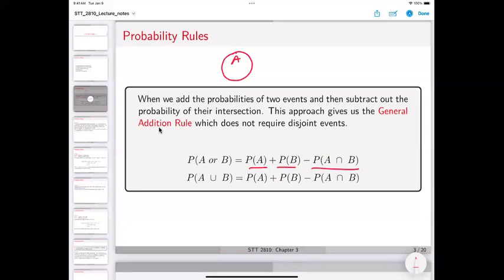So we have counted this one. This is probability of B. So you see, we've counted this space twice. We've counted it in A, we have counted it in B. Is that okay? And so we need to subtract one of them.